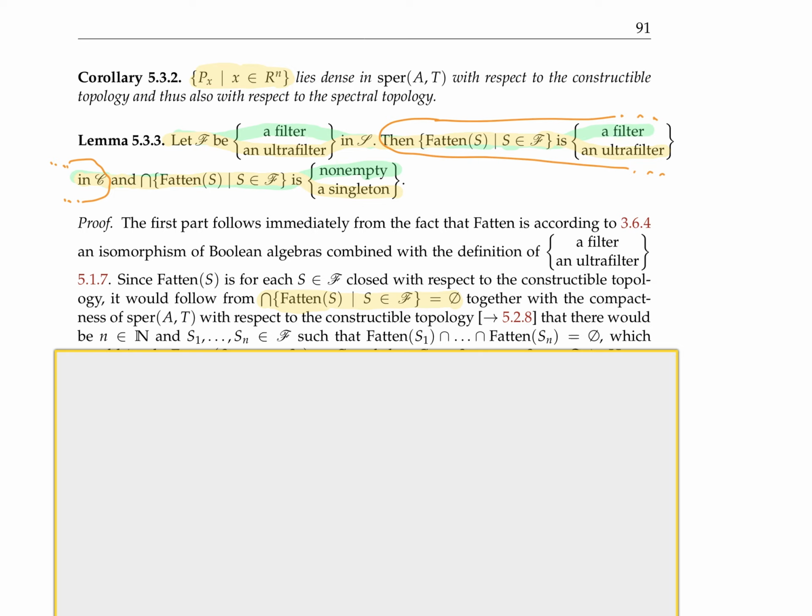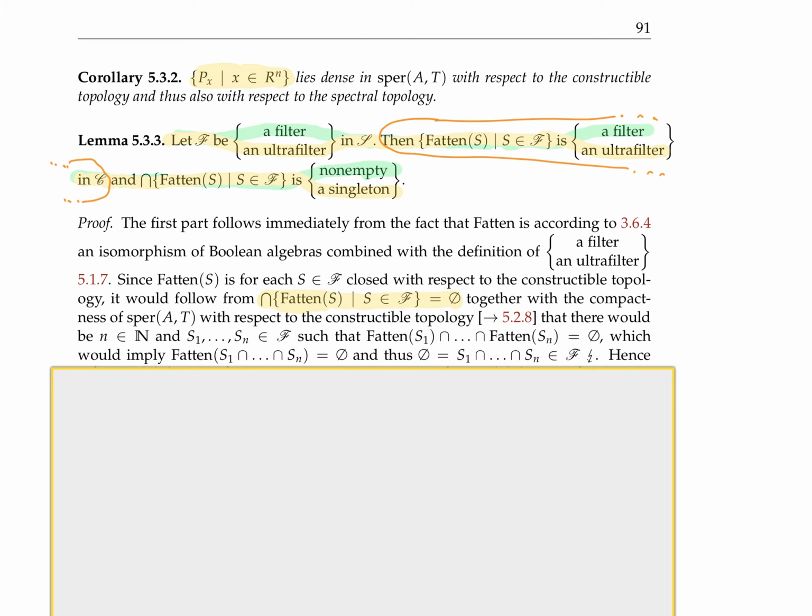So there is a finite subcover, and that translates into a finite intersection of such things which is already empty. So there would be a positive integer n and S_1 up to S_n in the filter F such that this finite intersection is already empty, which would imply that the fattening of the intersection of the S_i is empty, right?